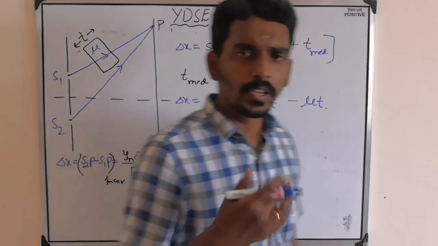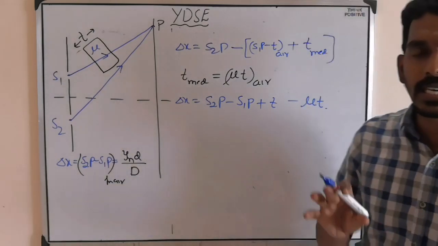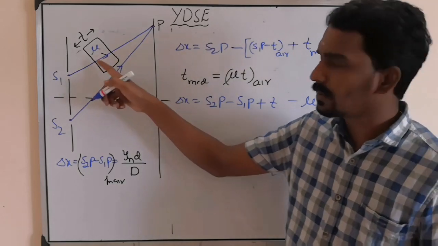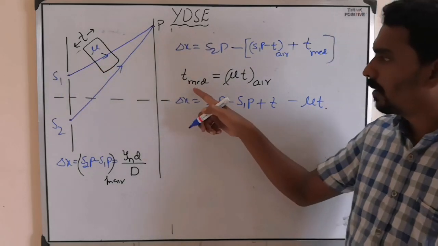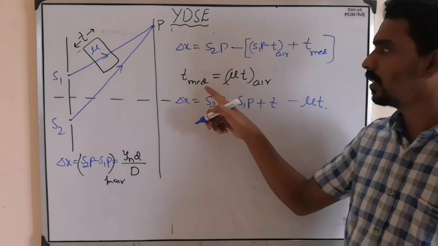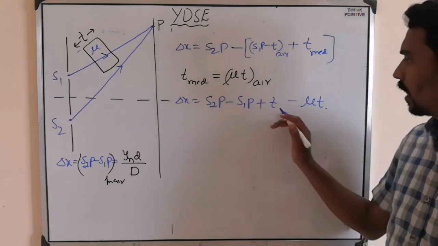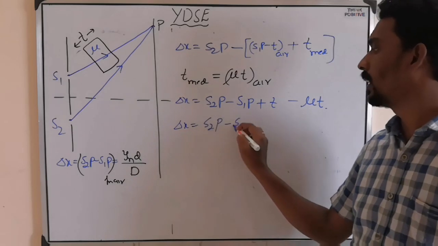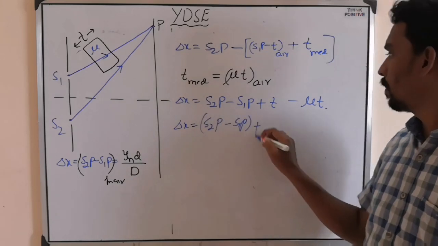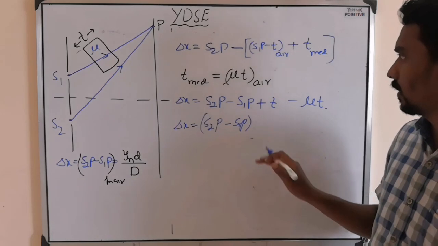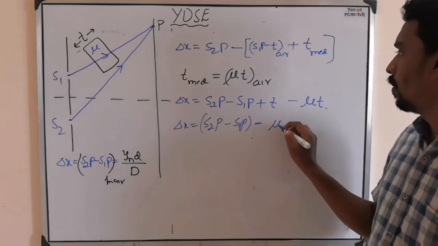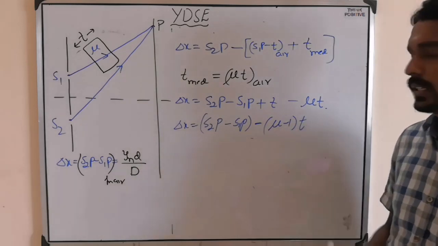Because when you want to take the path difference, you have to take the equivalent path in any one medium only. But here it is travelling in two mediums, that's why we are taking the equivalent path. So here delta x equals S2P minus S1P plus, minus, mu minus 1 into T.